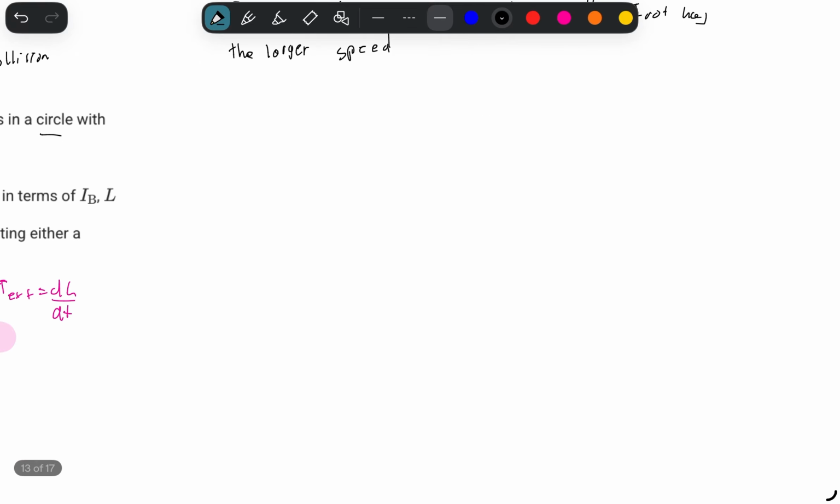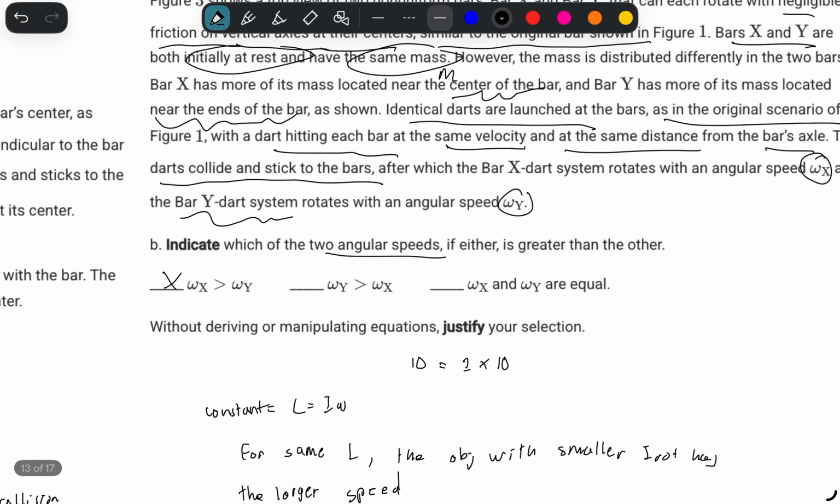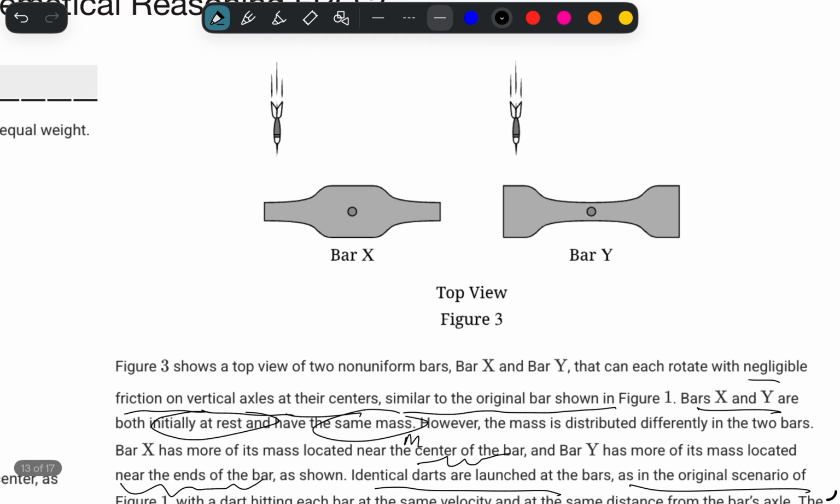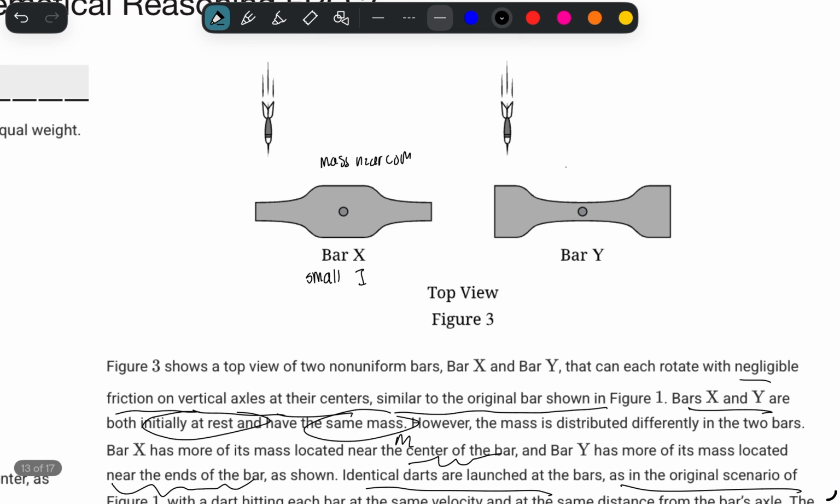So for X, we can see that it has more mass near the center, which means it's going to have a small I. And for bar Y, it has mass near the ends, so it is going to have a large rotational inertia.